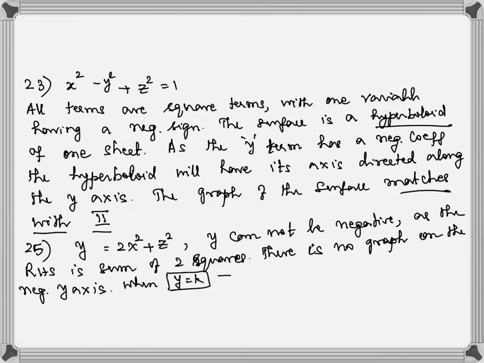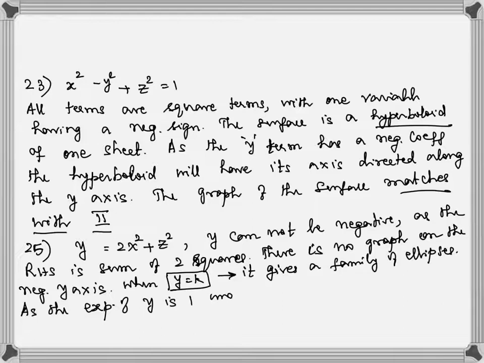When y equals k, we get 2x squared plus z squared equals k. It gives a family of ellipses in the planes parallel to the xz plane. As the exponent of the variable y is 1 and the other two variables have squares, this is going to be an elliptic paraboloid.